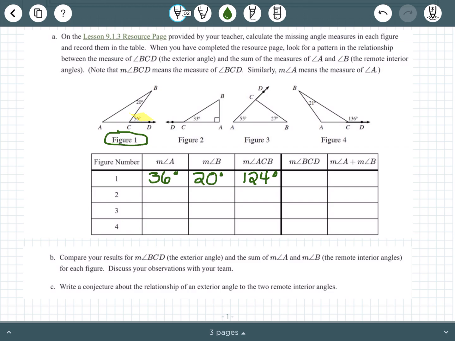The measure of angle BCD is our exterior angle. That is 56 degrees. They give us that measurement. And finally, they want to know the measurement of angle A plus the measurement of angle B. A is 36, B is 20, so 36 plus 20 would give us 56 degrees. Okay, not bad. Let's have a look at figure 2.